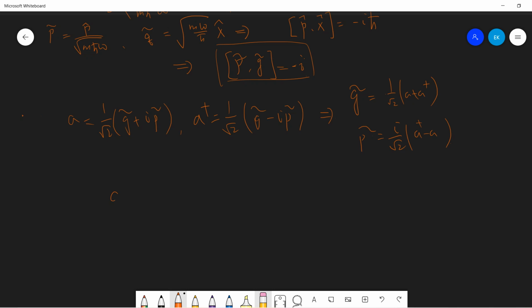Then we can check that a dagger a will be one half times q tilde minus i p tilde times q tilde plus i p tilde, so it becomes a half of q tilde squared plus p tilde squared, plus i times the commutator of q tilde and p tilde.